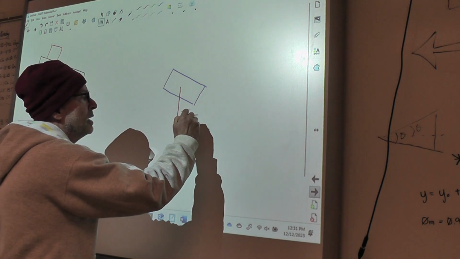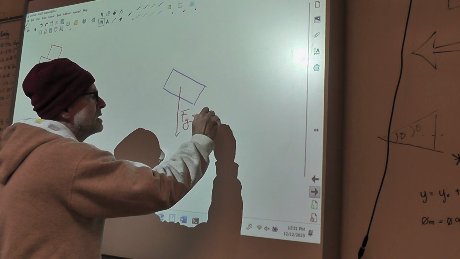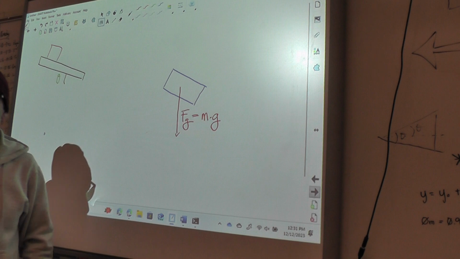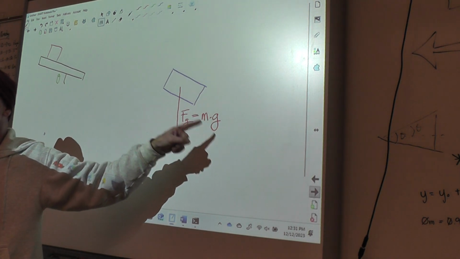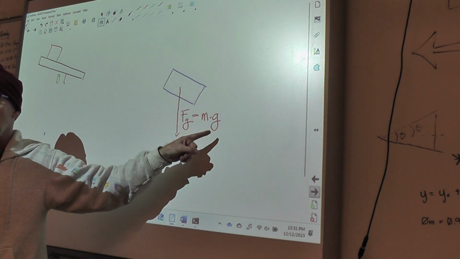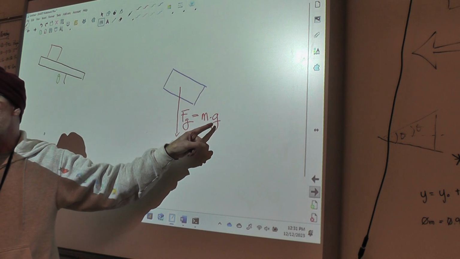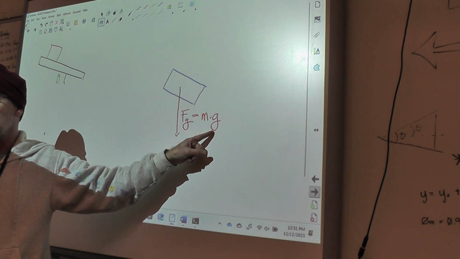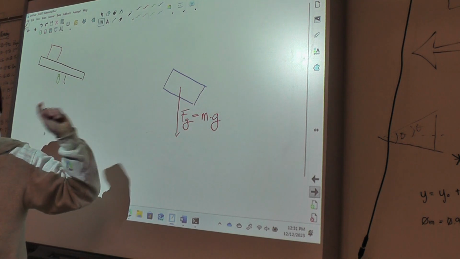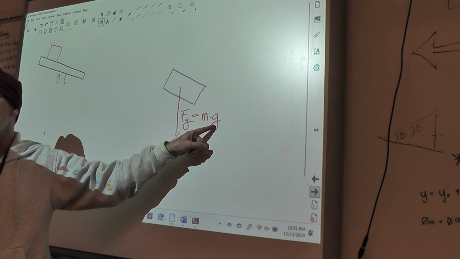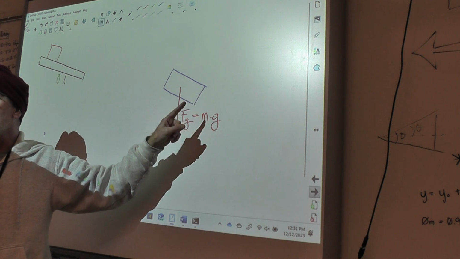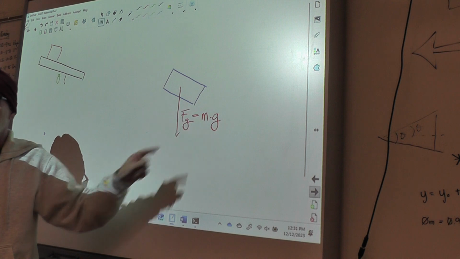That is also equal to the object's mass times the constant g. This g does not stand for gravity. This g stands for the acceleration of an object in free fall close to the Earth's surface. That's what it stands for. And it has a value of 9.8 meters per second squared. It's a constant that tells us an acceleration.